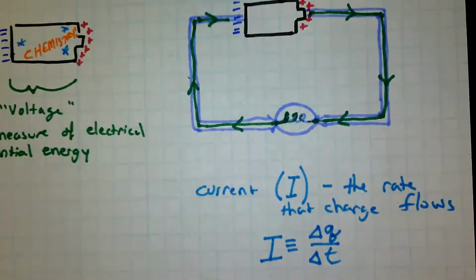Which is kind of what I've drawn here, which is there's a glass bulb, and then there's a very thin piece of wire between two contacts in the bulb. And what's happening is you have a current, right?